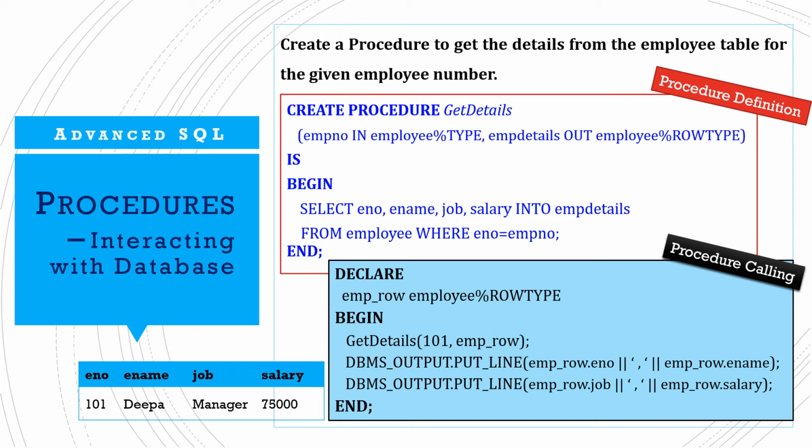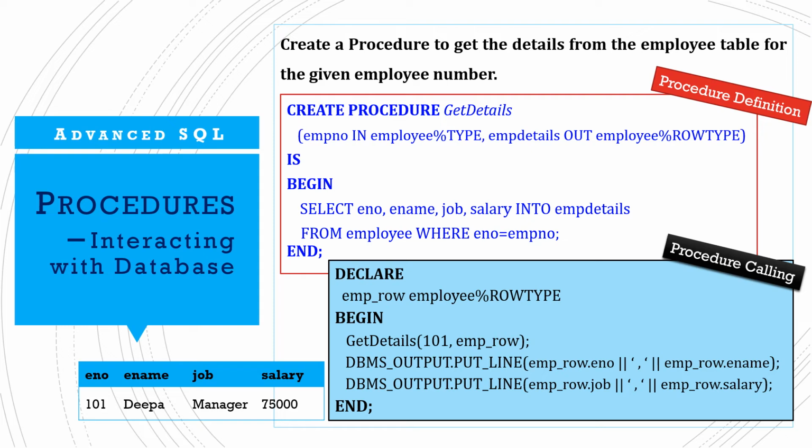So we are going to compare these two, whether the employee number in the table is equal to the given employee number or the passing parameter value. So we are getting the details of an employee from the employee table for the given emp number using this select command.